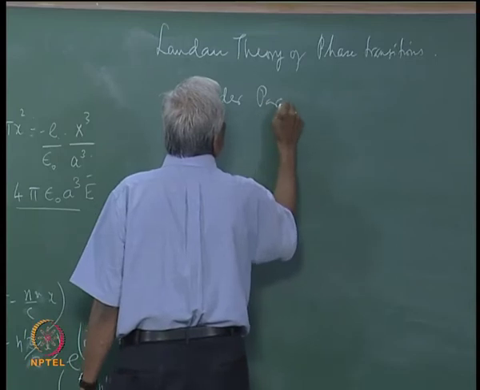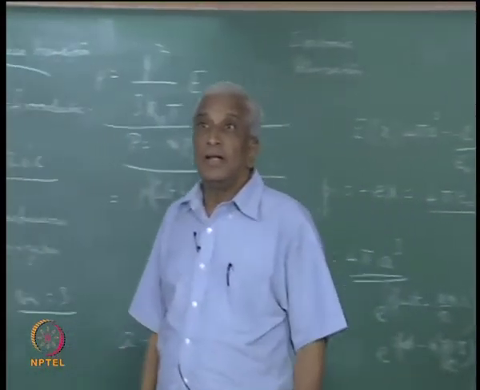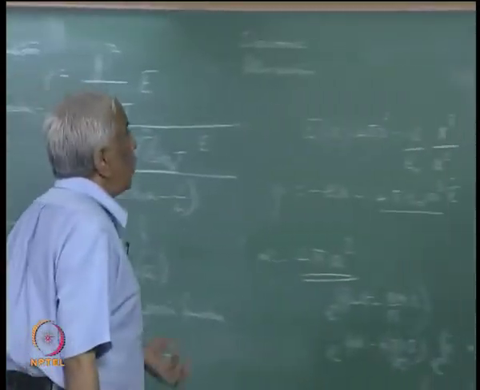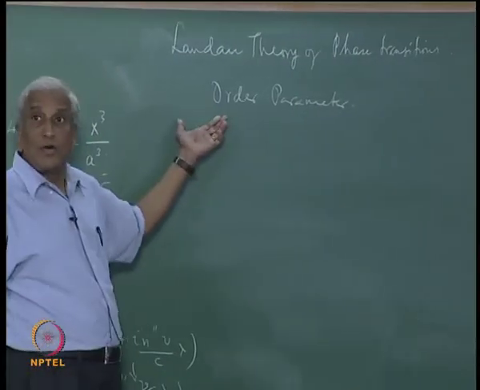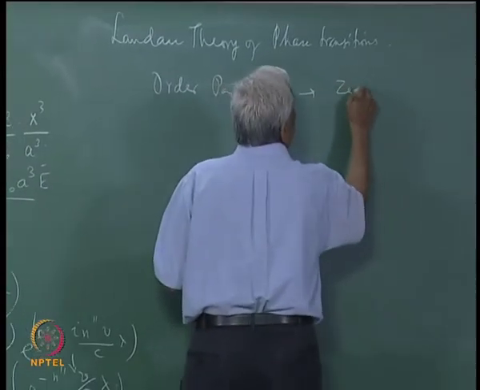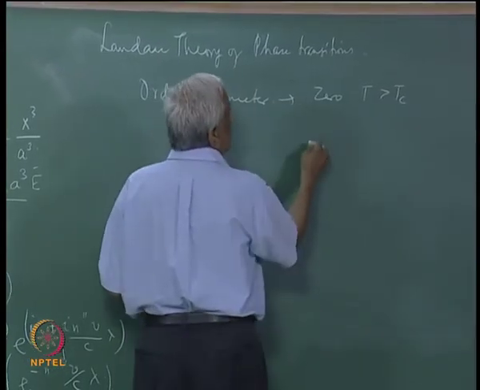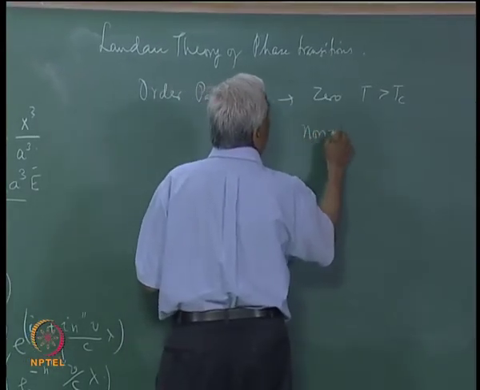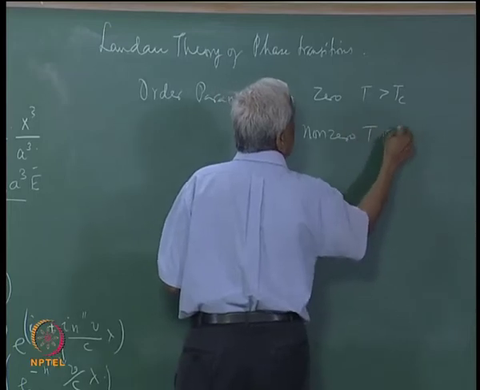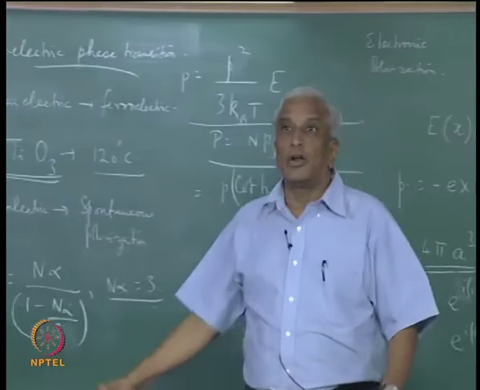So, this is the crucial feature of the Landau theory of phase transitions. Define an order parameter. The order parameter can be any physical quantity which is 0 above the transition temperature and non-zero below. So, that is the general definition of the order parameter.